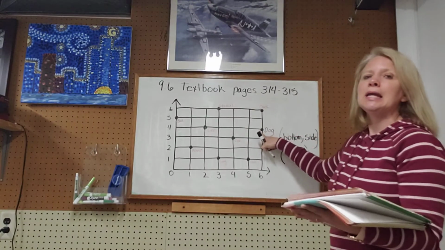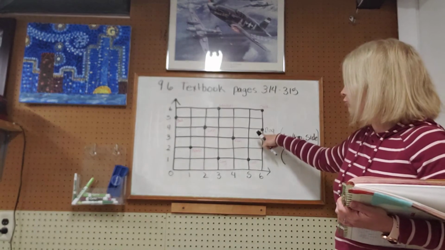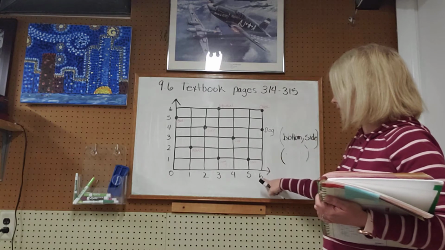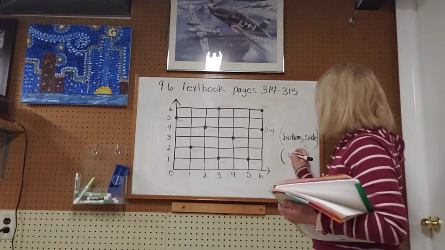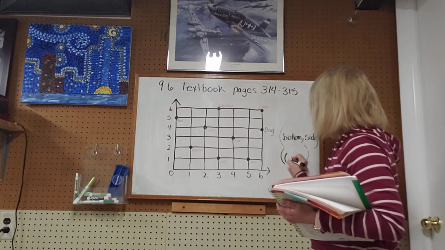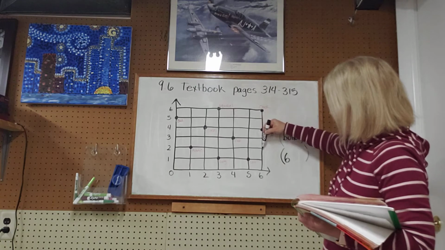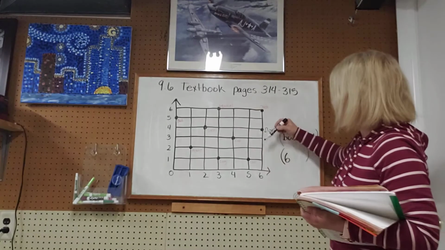So how many did we have to go over along the bottom? How many over? We just follow it down, and it's at the number 6. So that's how many we would need to go over. So that would be our first number, 6. So we find the dog, we go down, because remember the bottom numbers are the first numbers, and there's a 6.